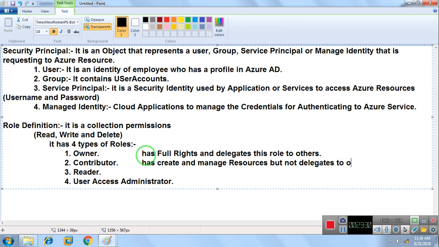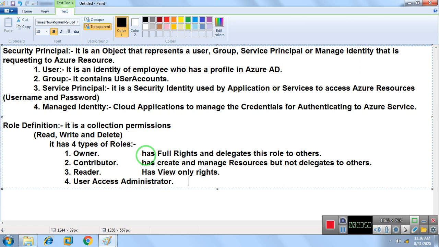If I give the Contributor role to user two, he is not able to delegate the Contributor role to others. Reader has view only rights. He is able to access all the resources, but he can only view. He's not able to modify or create resources.